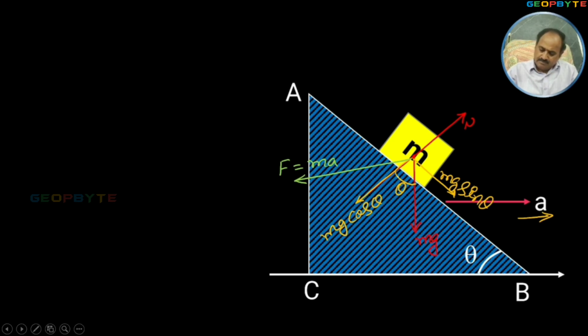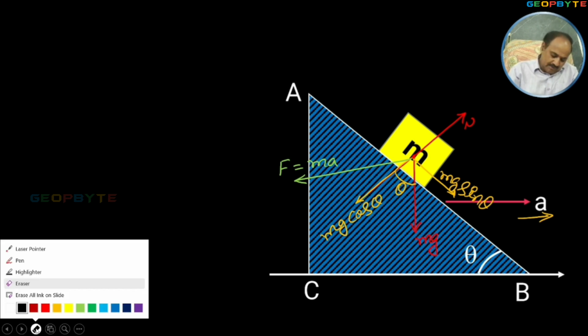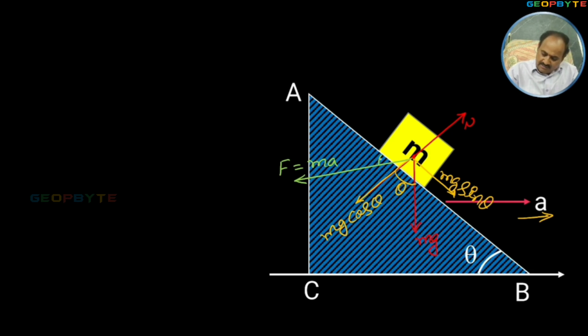That pseudo force is making an angle theta with respect to the plane, because the angle between the horizontal surface and the wedge plane is given as theta.